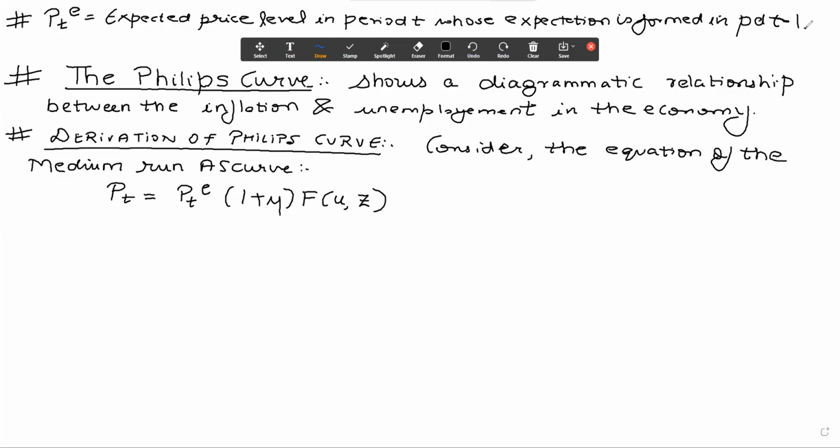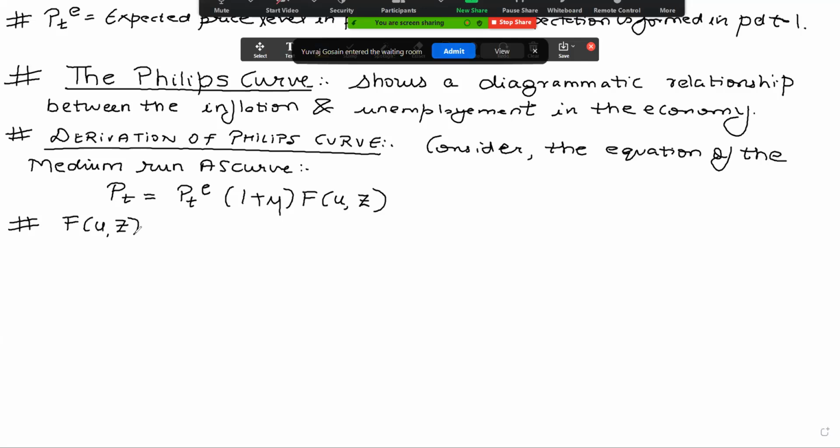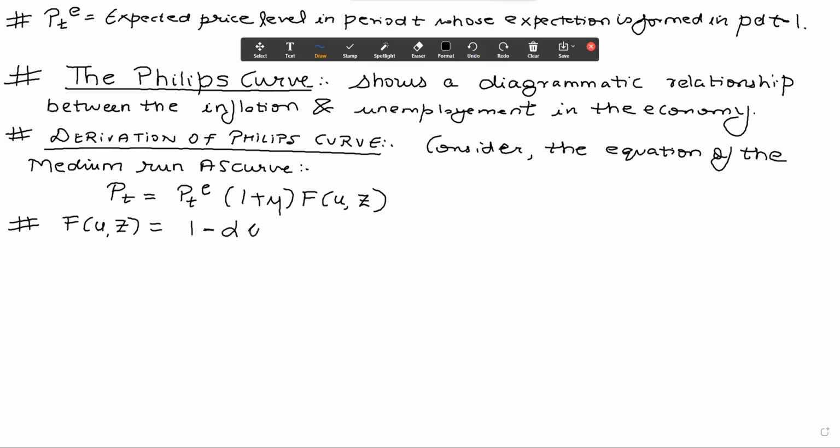Now, guys, mathematically I can express F as a function of u and z as follows. I can write F as a function of u and z as 1 minus alpha u plus z.